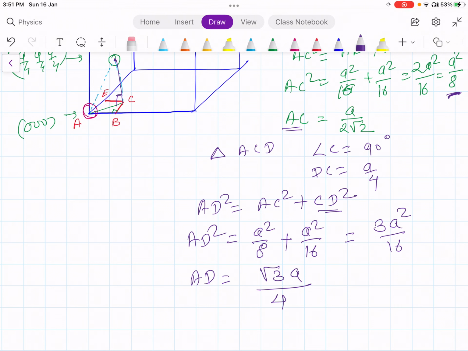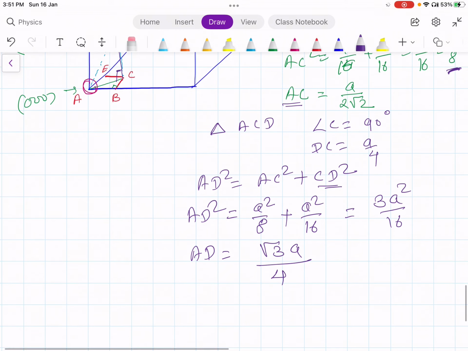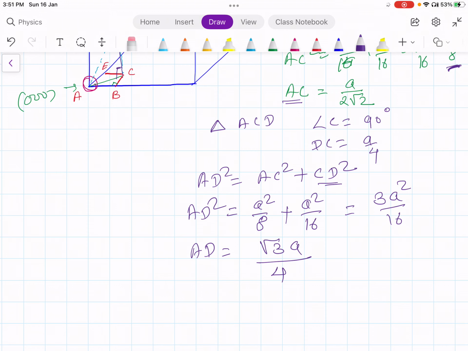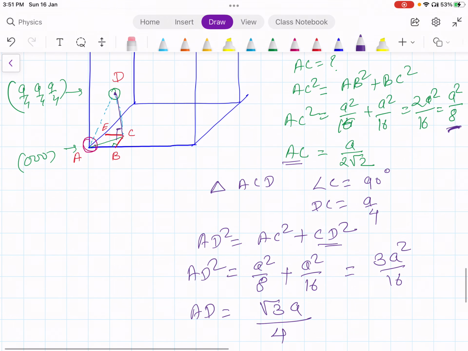In this case, root 3 a is the body diagonal of the cube, and root 3 a by 4 is a quarter of the body diagonal. So along a quarter of the body diagonal, two basis atoms are in touch with each other. So this root 3 a by 4 is equal to 2R, 1R of this plus 1R of this.